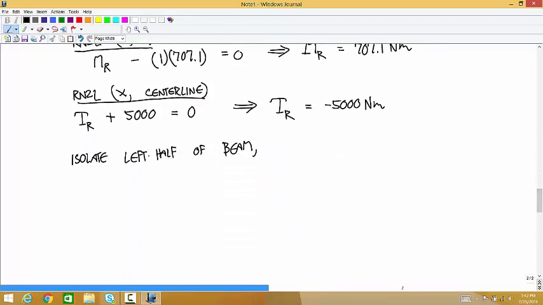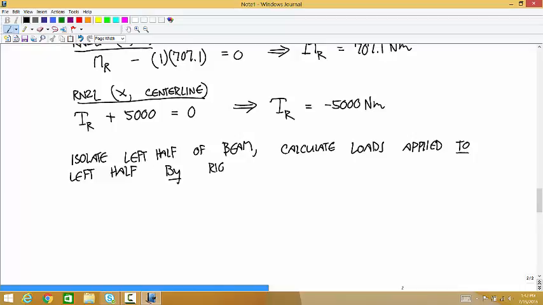Okay, so we're going to isolate the left half of the beam, and we're going to calculate the loads applied to the left half by the right half.